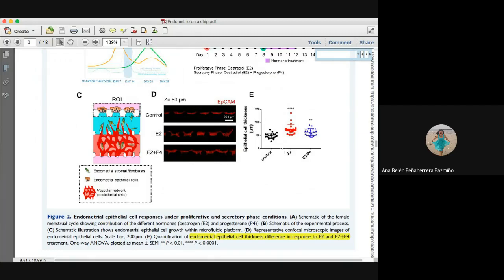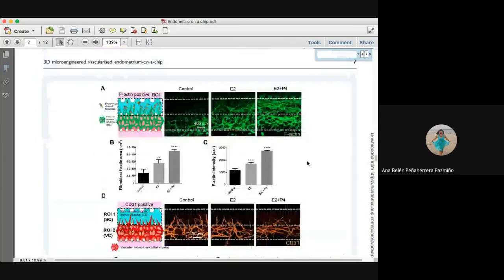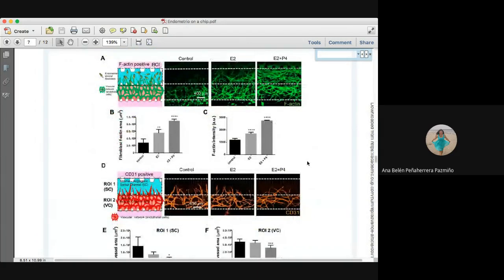So you can see that when the cells are exposed to estrogen, the thickness increases, and it's significantly different from the control and from the other treatment when it's exposed to both hormones, estrogen and progesterone. Okay, and they also characterize the fibroblast actin area.